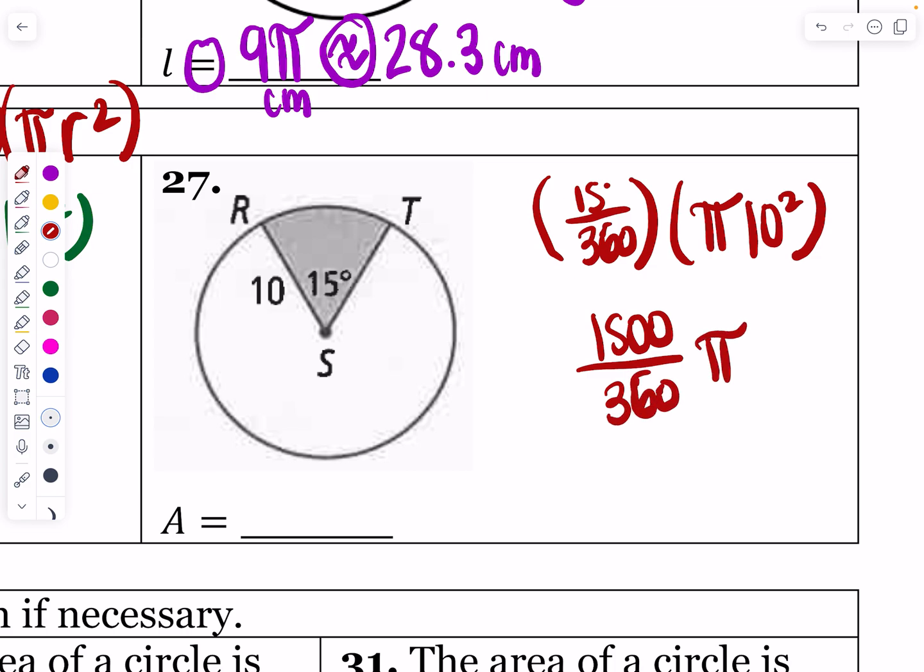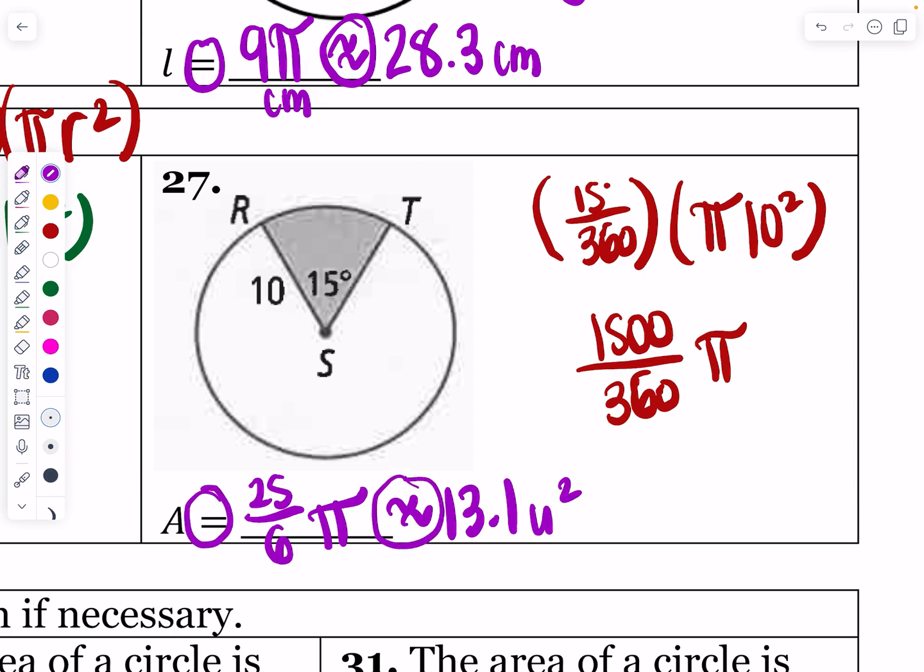So 1,500 divided by 360, as an improper fraction, is going to be 25 over 6 pi. And so what is my rounded answer? That's going to be about 13.1 units squared. Okay, so there's my exact answer, and then there is my rounded answer. On the quiz, I'm going to have y'all put both answers, the exact answer and the rounded answer.